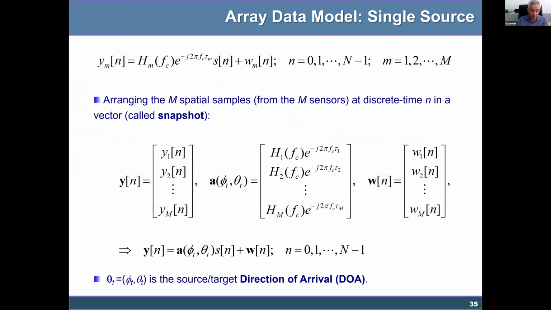So the m samples that we collect at time n. This vector is called snapshot, or temporal snapshot, and the size of this vector is equal to the number of sensors in the array.